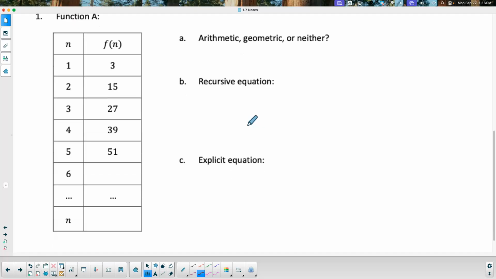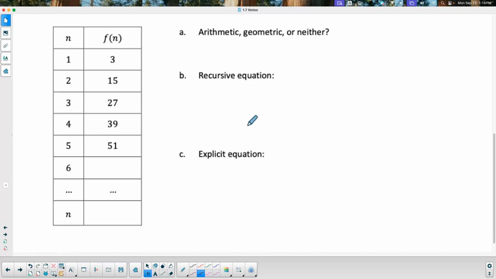Function A. There it is. Okay? So first thing, if this were me, I would say, all right, this gap here is plus 12. Do we agree with that? I always check arithmetic first because adding is a little bit easier than trying to figure out what we multiply by. Okay, so plus 12 there, which means then this next gap here would have to be plus 12.